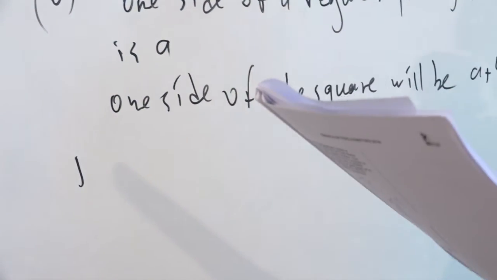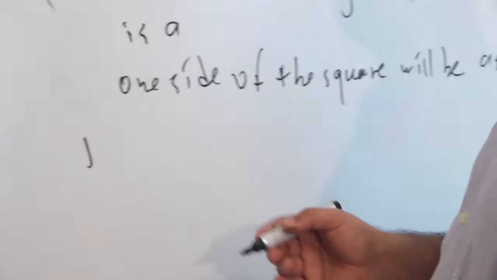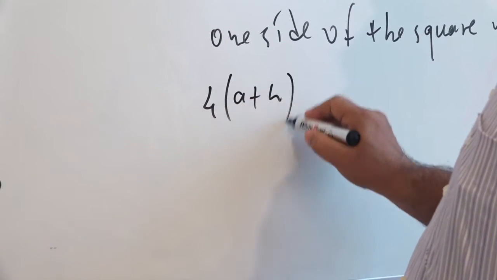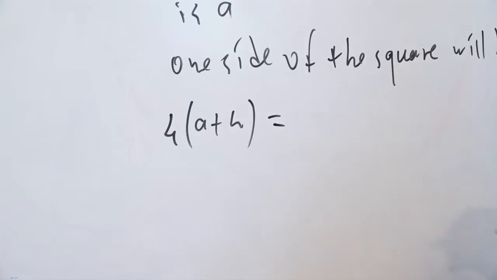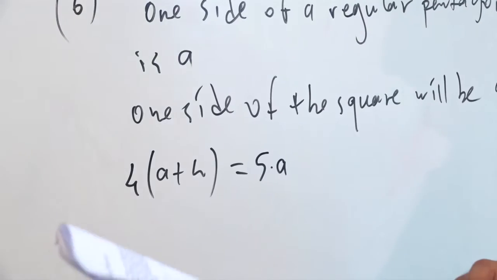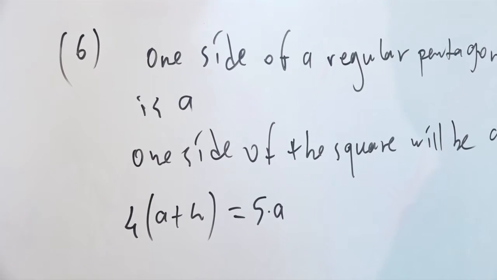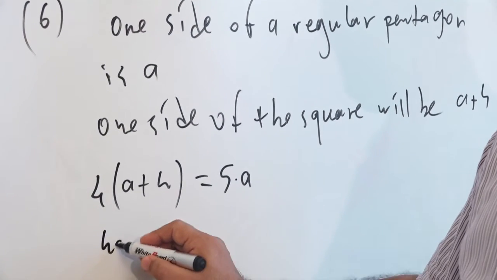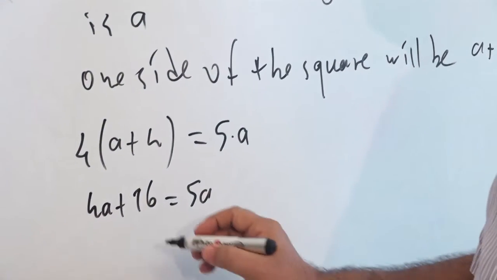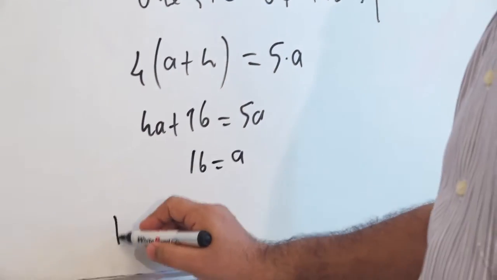If the perimeters of the pentagon and the square are equal, the perimeter of the square is 4 times one side length, A plus 4. The perimeter of the regular pentagon is 5 times the side length. And how long is each side of the pentagon? If we find A, we will be done. So 4A plus 16 is equal to 5A. If we subtract 4A from each side, we'll get 16 is equal to A. Answer is D.